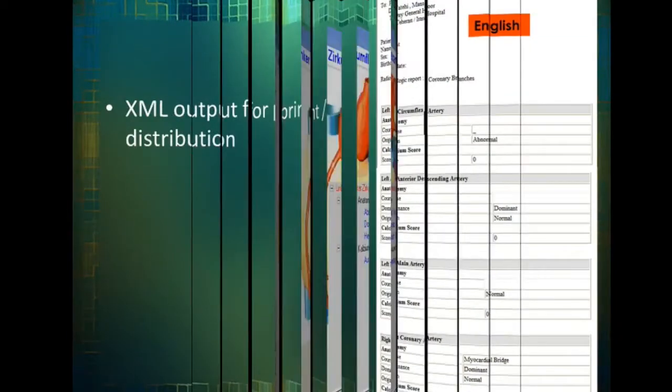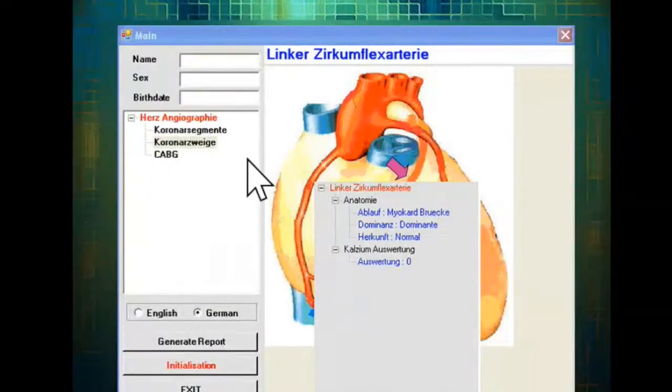So reporting is now possible for the user in another language, which on this screen is German. It helps the radiologist and the radiology department to have language independent reporting. You see here the same report can be provided in German or in any other language which is provided to the system, including the Persian language.